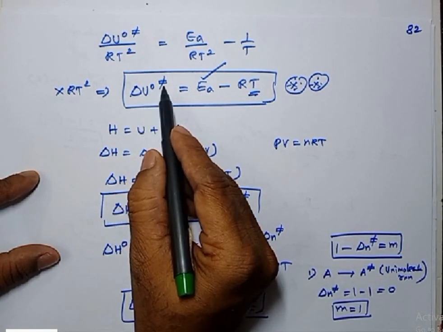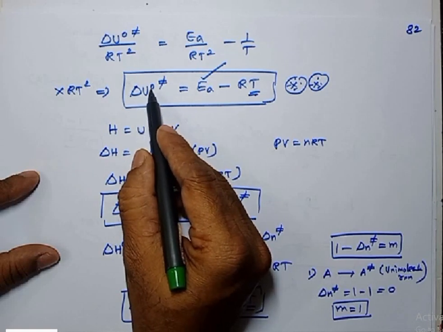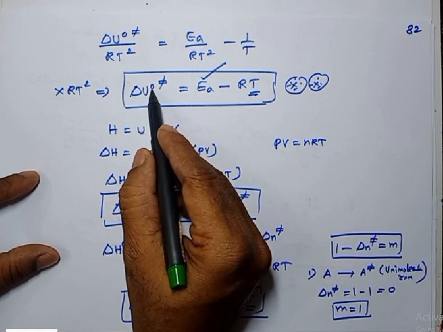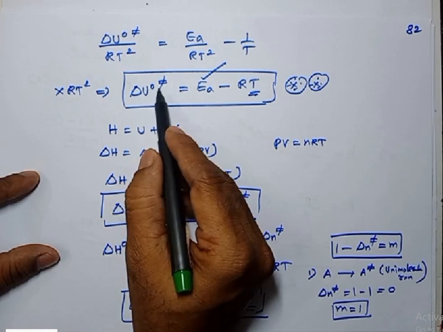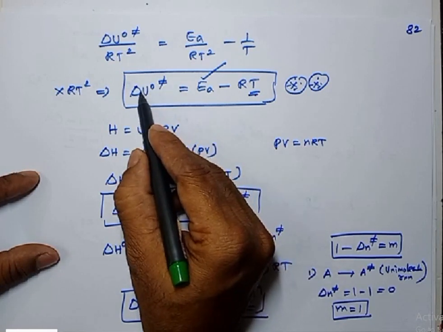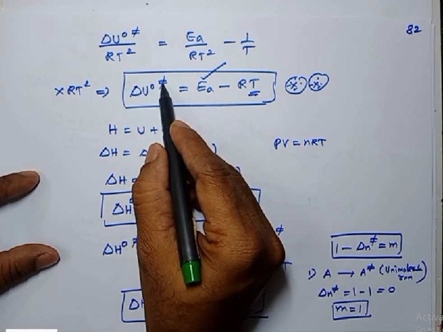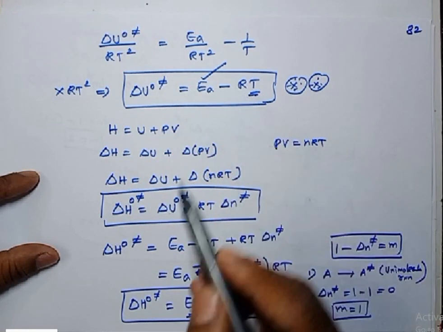What is delta U naught? It is nothing but the change in standard internal energy for the activation reaction. I repeat, the standard internal energy change for the activation reaction is equal to activation energy minus RT.